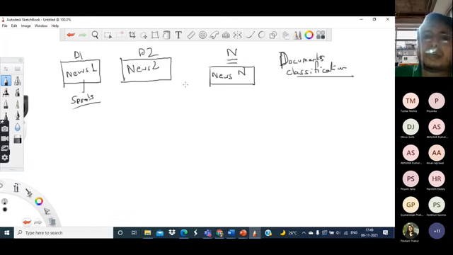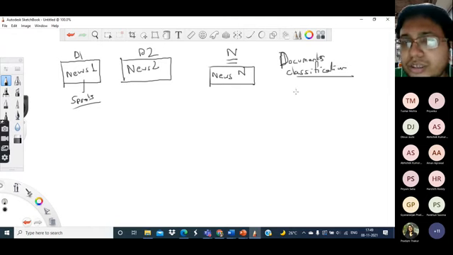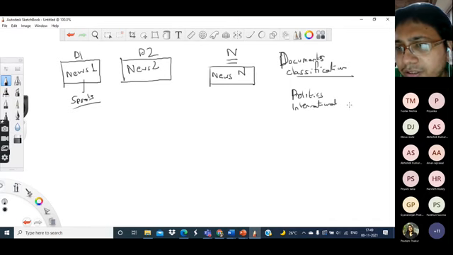So for example, if we are dealing with news, then the obvious categories into which news can be grouped are as follows. Say, for example, politics. Then maybe international relations or international affairs.